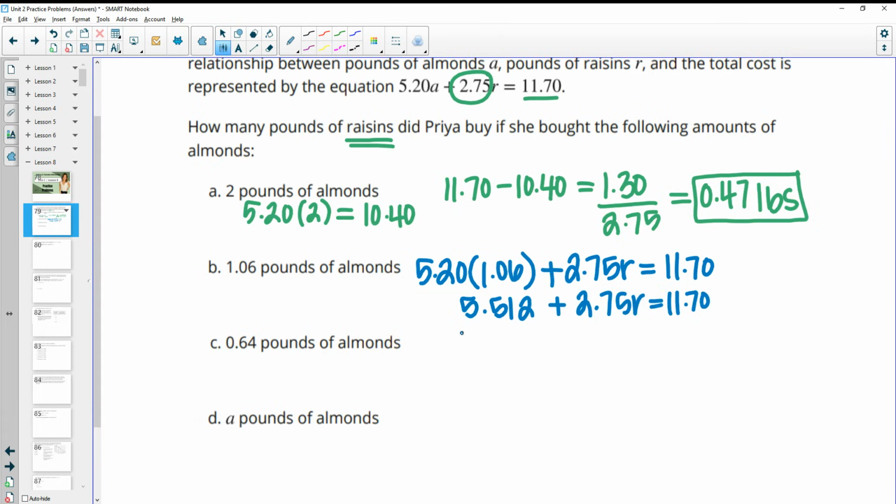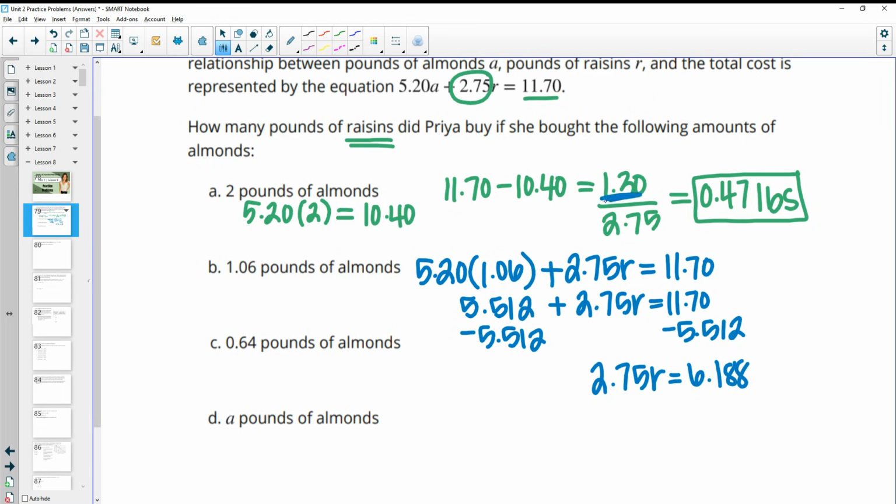Then we can subtract 5.512 from both sides, which gets us 2.75R equals 6.188. That's how much she spent on raisins.